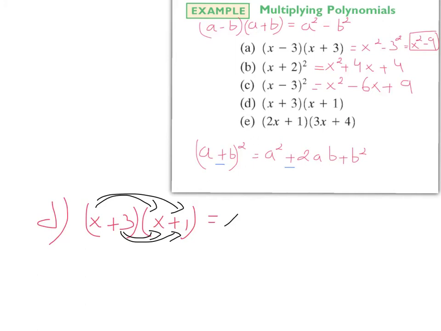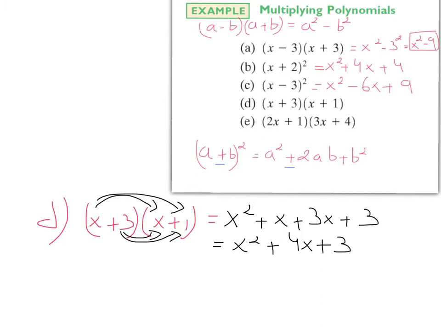And that's going to be x squared plus x plus 3x plus 3. Okay? So we add: x squared plus 4x plus 3. And that's the final answer, I think. Okay.